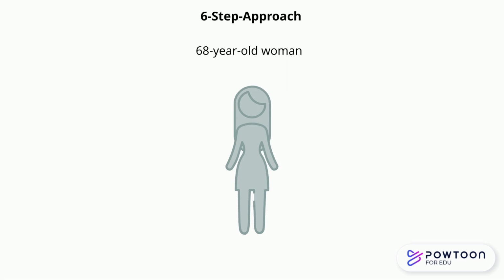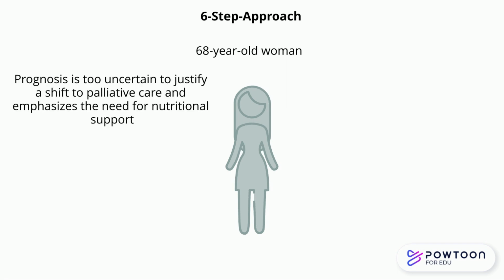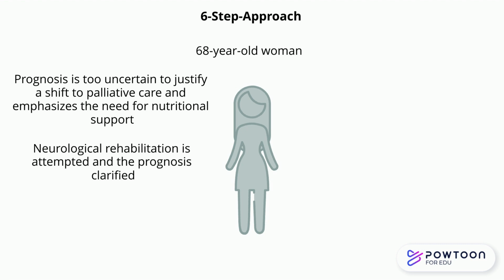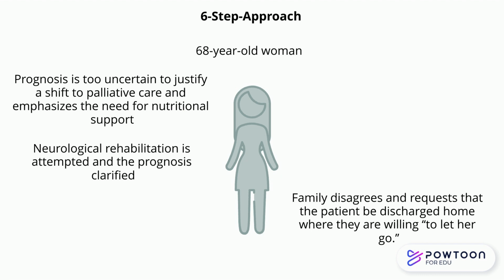The physician explains that the prognosis is too uncertain to justify a shift to palliative care and emphasizes the need for nutritional support while neurological rehabilitation is attempted and the prognosis clarified. The family disagrees and requests that the patient be discharged home where they are willing to let her go.